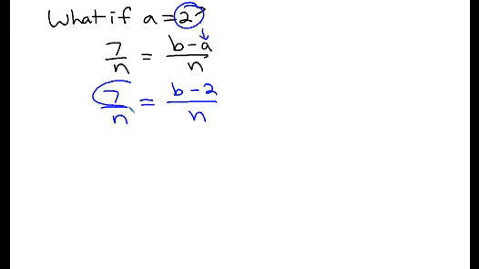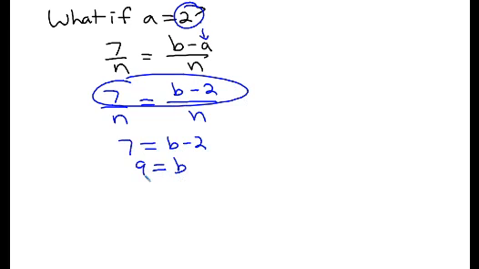And if I take this top part, 7 equals b minus 2, I find out that my b value is 9. So we now know our limits of integration. Our limits of integration are going to be from 2 to 9.